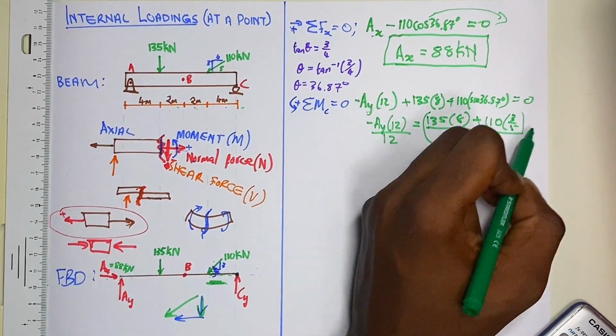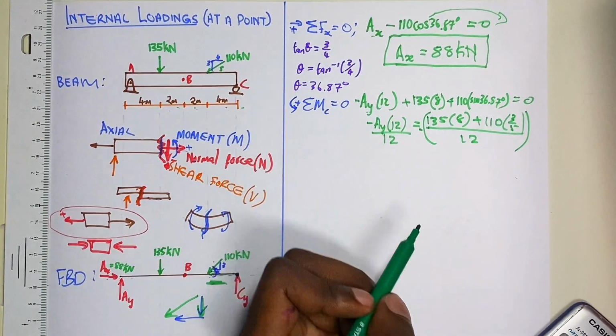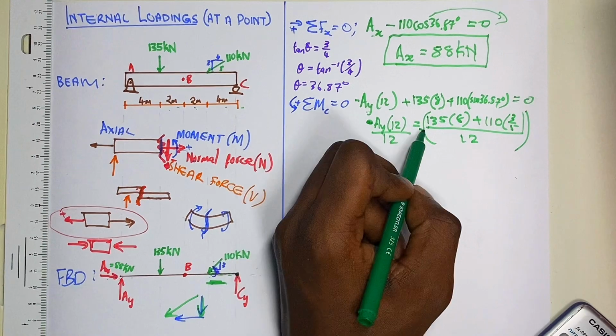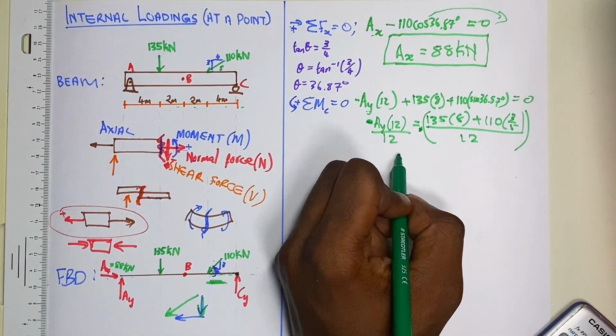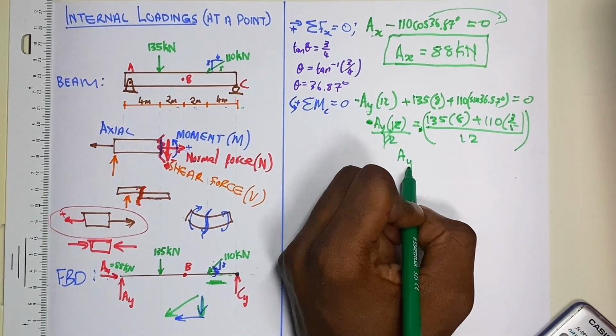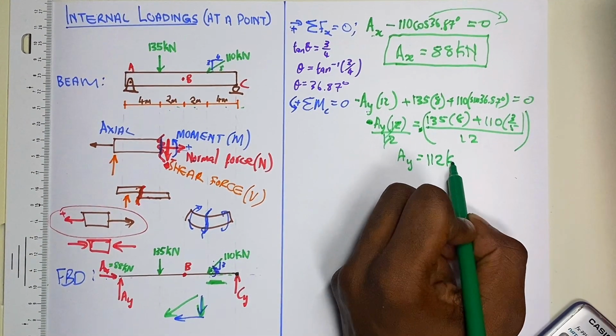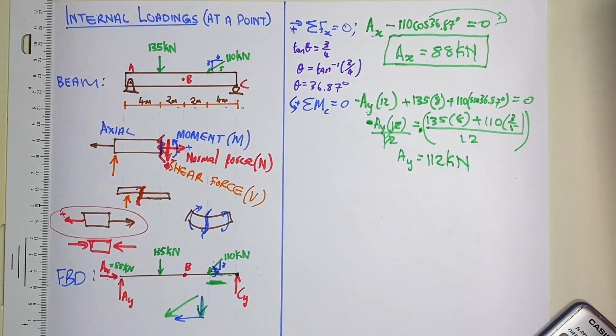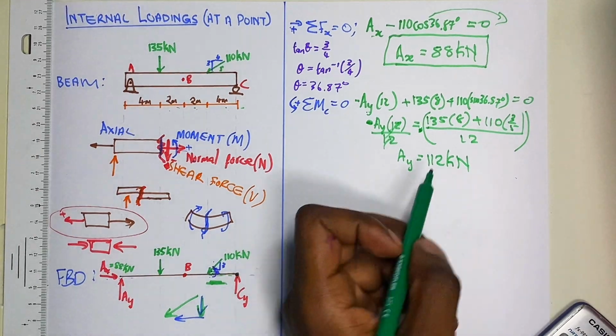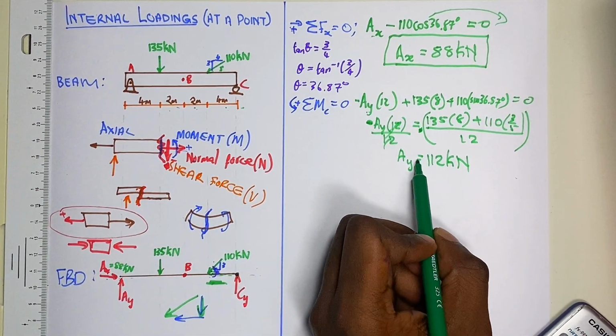Now all of this, since I moved them to the other side, will be negative, so I can remove this negative, remove that negative, and then AY is equal to 112 kilonewtons.